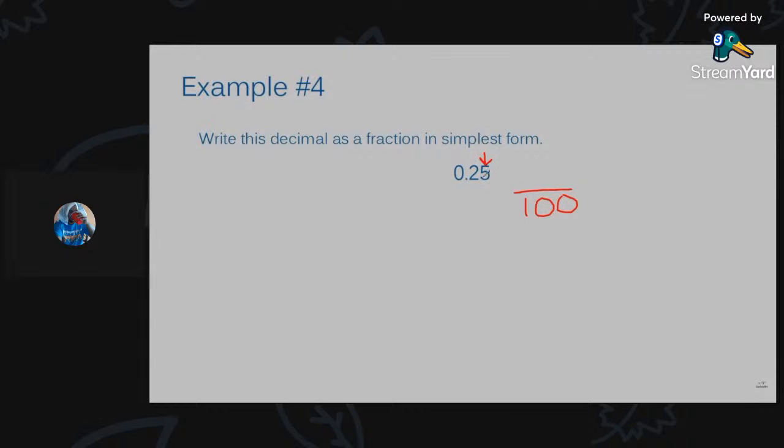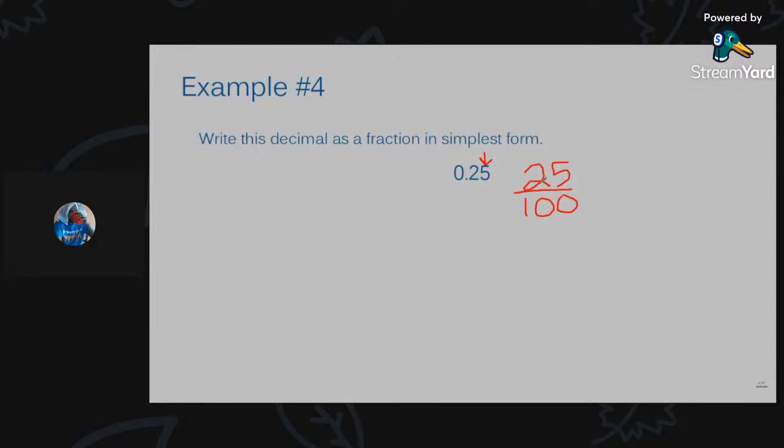The 100th place would have a denominator of 100. If we had something in the thousands place, it would have a denominator of 1000, and the 10,000s would have a 10,000, and so on, okay? Then whatever is after your decimal point becomes your numerator. So we write a 25 up above. So we have our answer.